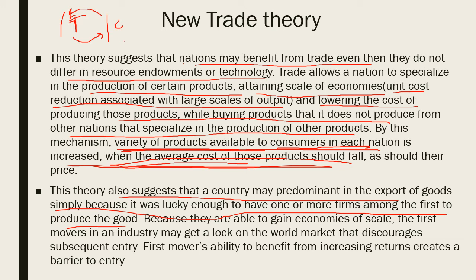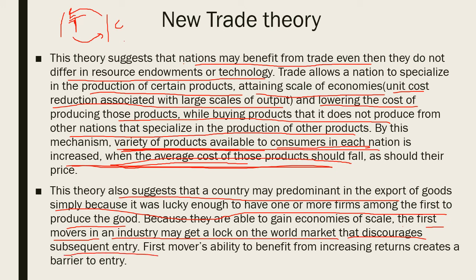They invented that. So because they are able to gain economies of scale, the first movers in an industry, they are called first movers because they invented it first. They came first. The first movers in an industry may get a lock on the world market. They have already occupied the whole world market, which discourages subsequent entry.